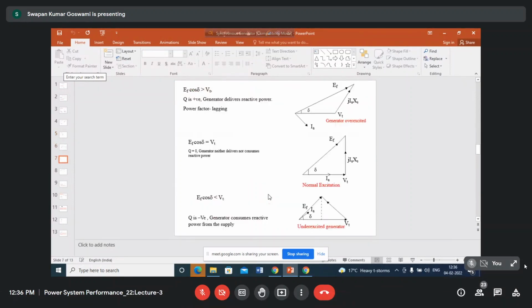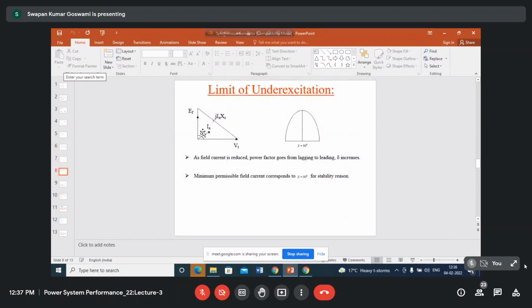That means this is the condition up to which we can allow the generator excitation to be reduced. That means reduction in the field current may be allowed up to this point when delta reaches 90 degrees.